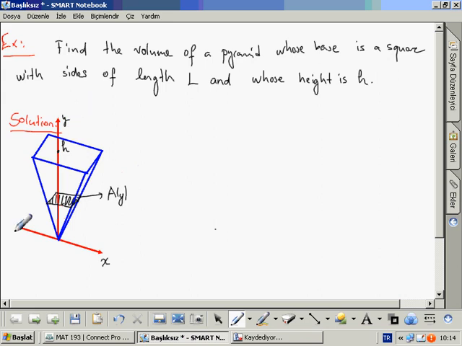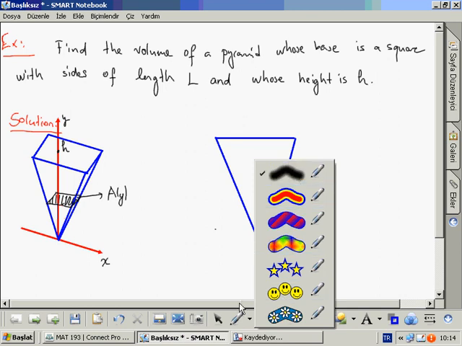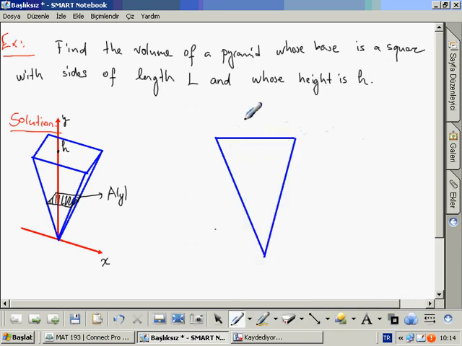Okay, and let me sketch this triangular shape of the pyramid on the right hand side of the paper. And what can we say about this?